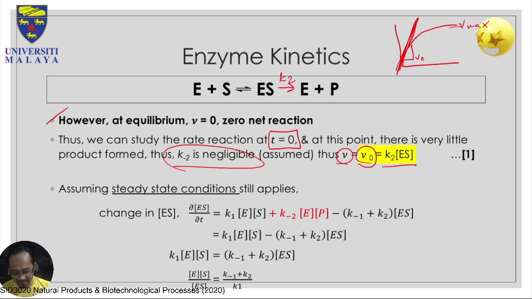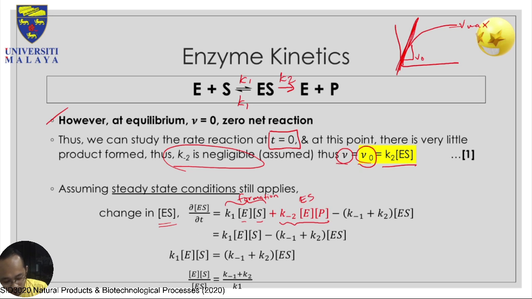So there are no thermodynamic changes. The change of ES: we have K1 and K minus 1. K1 times the concentration of enzyme times the concentration of substrate is a formation, plus K2 times EP, which is also a formation of the ES.